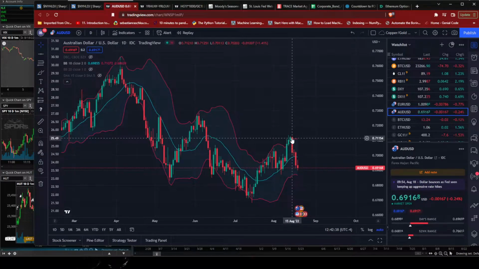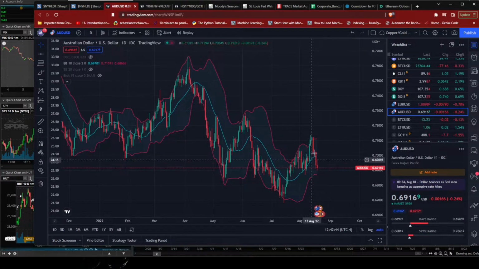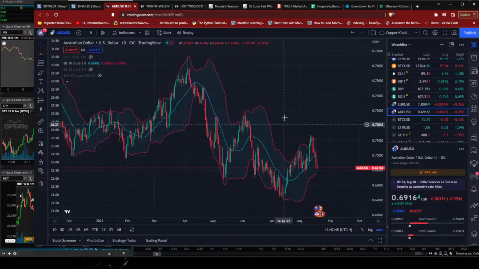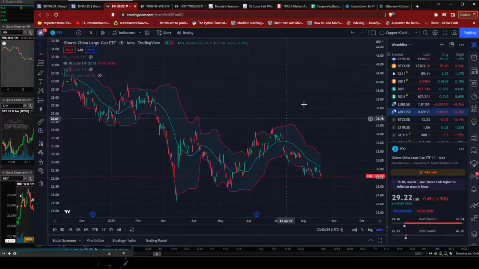That was announced on Sunday, and we saw huge selling in the Australian dollar after that news. So maybe some bad news, or maybe some bad industrial output is being priced in now in China. We'll see if that affects the Chinese index. China FXI is down 1.5% for the day.